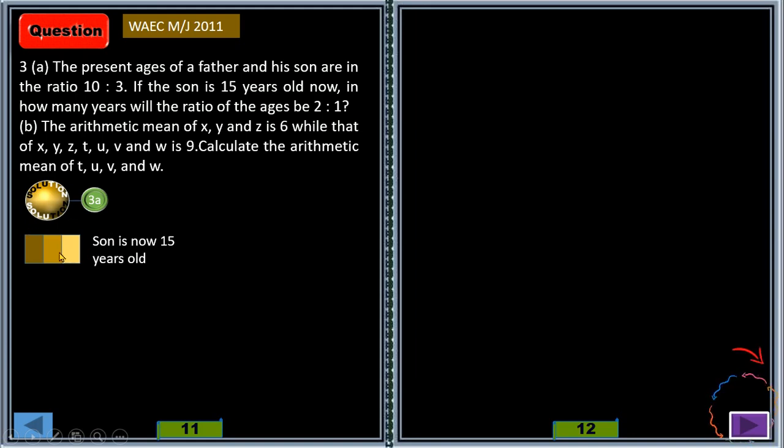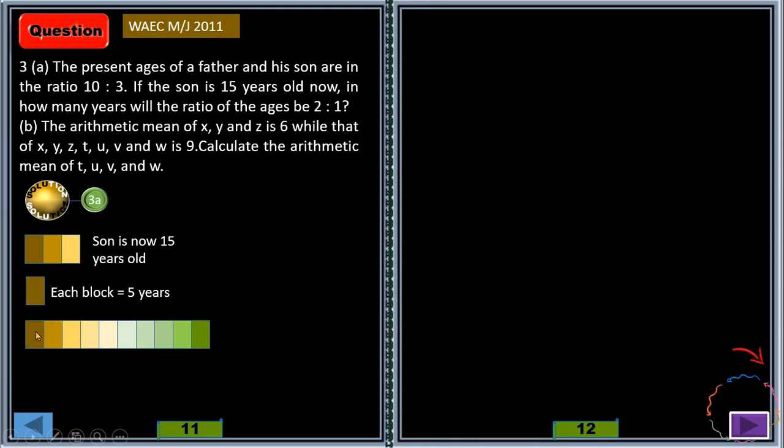Now, this is the present age of the son, 15 years. The ratio is 3, so I represent that 3 with 3 blocks. The father will have how many then? 10 blocks. But from here, 3 blocks gives us 15 years, so 1 block will give us 5 years.